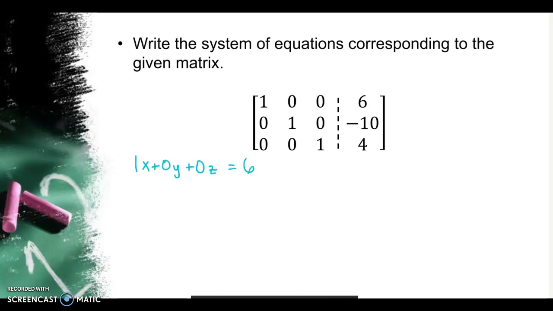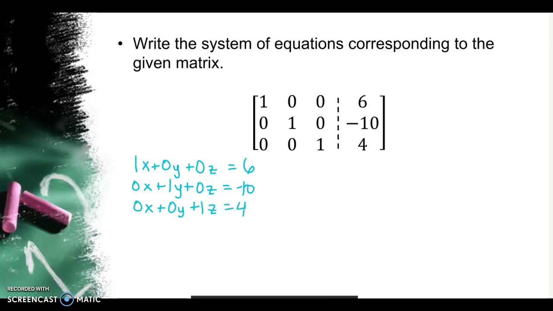The next row will be 0x plus 1y plus 0z equals negative 10. The next row will be 0x plus 0y plus 1z equals 4.